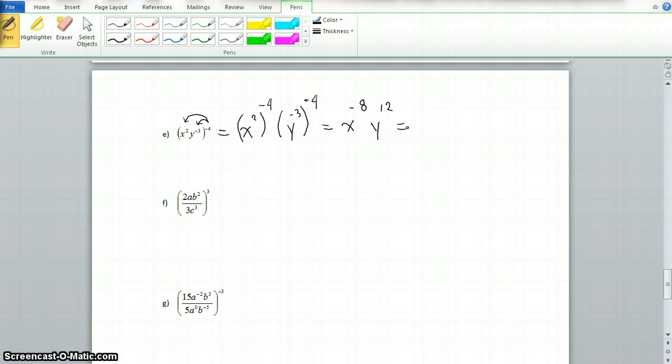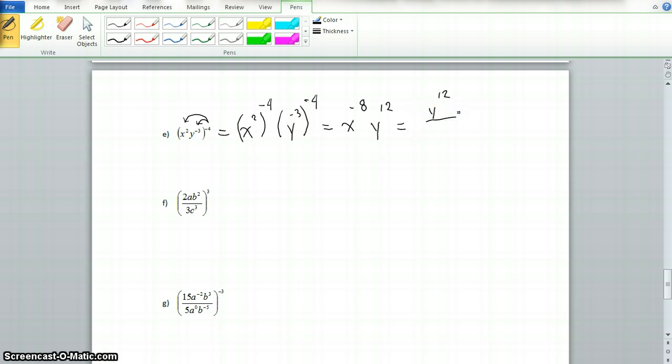Now, our direction said to make sure that you write your answer using positive exponents. My y to the 12 is already positive. Let's keep it there. It's in the numerator. But that x to the negative 8, it's negative. There's nothing underneath it right now, so it's in my numerator.